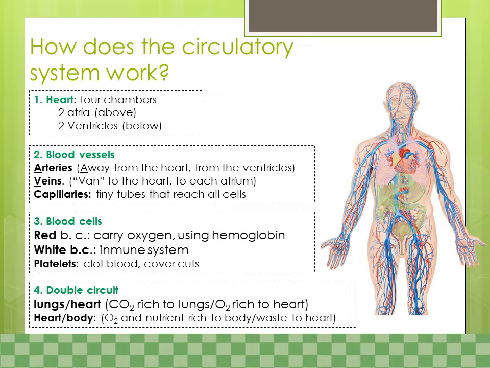So we have a circuit that travels from the heart to the lungs, leaves the CO2, and from the lungs to the heart, brings O2, brings oxygen. And then we have a second circuit that pumps the blood from the heart to the rest of the body. So we take oxygen and nutrient-rich blood to the body, and every cell leaves their waste and their CO2 to travel back to the heart, so the heart can pump it to the lungs.